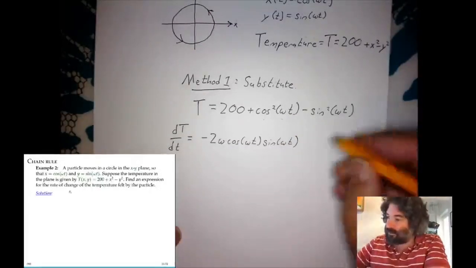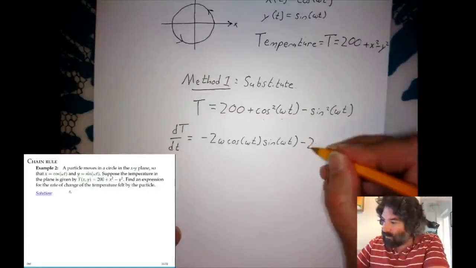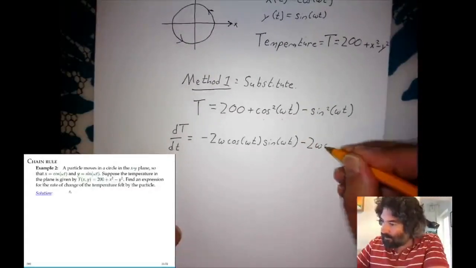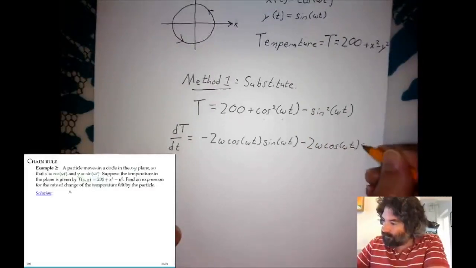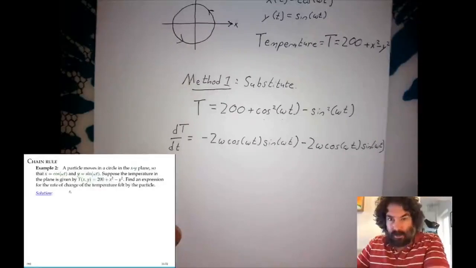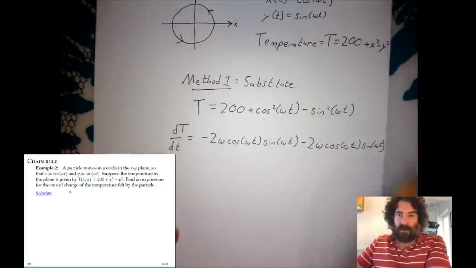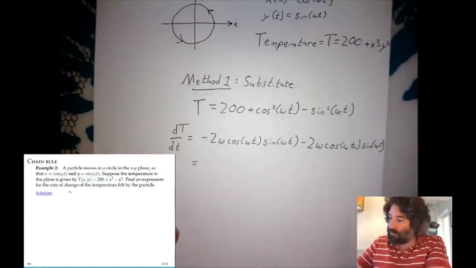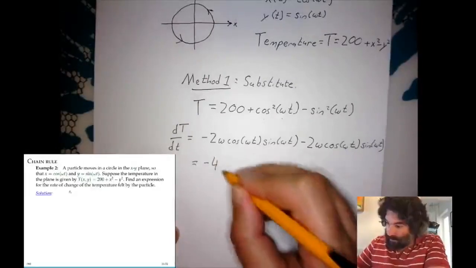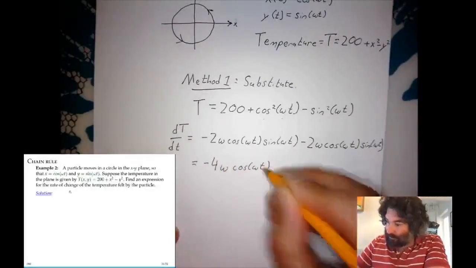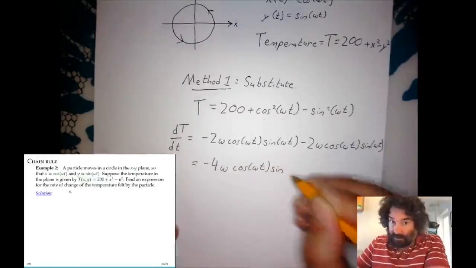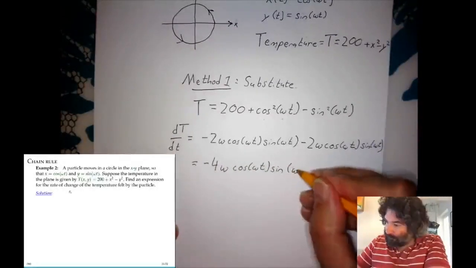You also have to use the chain rule again, and you get the same thing. Okay, and so these terms are the same. You can add them together. You have negative 4 omega cosine of omega t sine omega t.